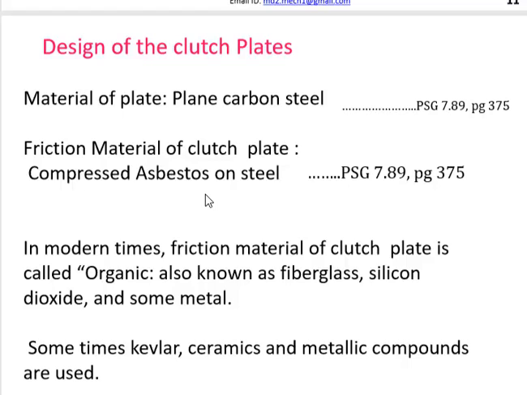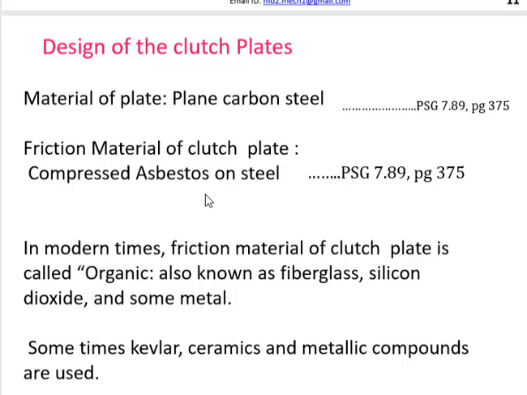We know that in today's world many of the countries have banned asbestos. Asbestos is not used as the compressed or the friction material for clutches in many countries. So the alternative is a material called organic. Now organic material is a substitute for compressed asbestos on steel.